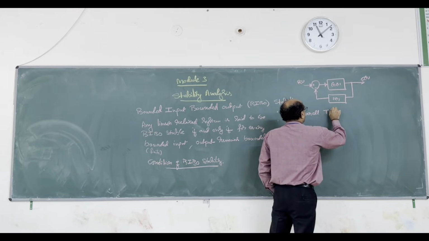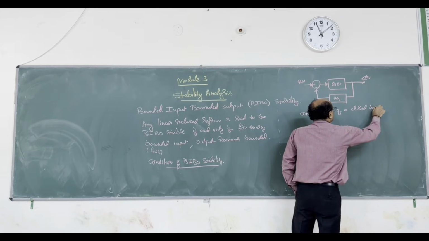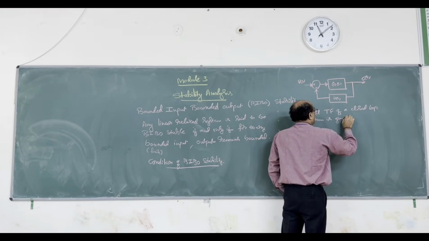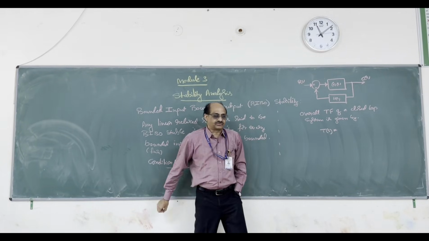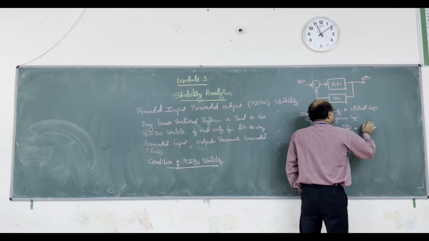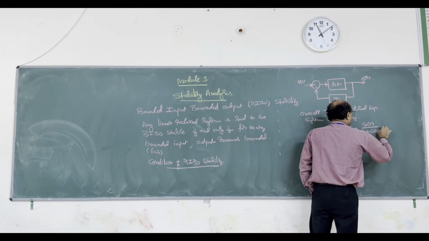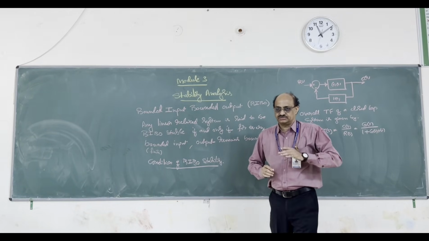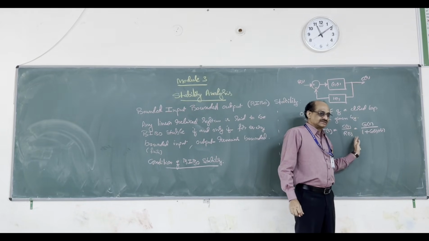The overall transfer function of a closed loop system, let me call that T of S, is equal to C of S by R of S, which is equal to G of S divided by 1 plus G of S H of S. Here G of S H of S gives you the open loop transfer function, and this ratio gives you the overall closed loop transfer function.